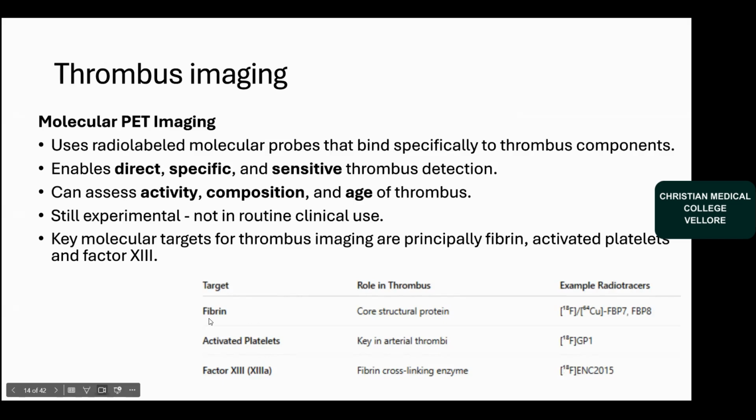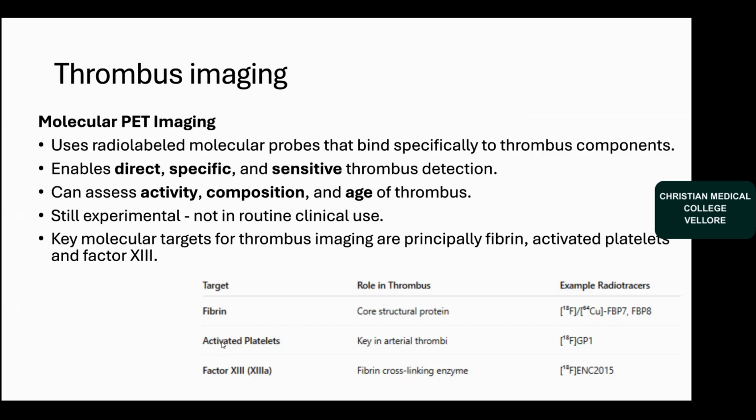We'll see. First, fibrin based: when the target is fibrin, the radiotracers are F18 or copper-64 tagged fibrin binding probes, FBP 7 and 8. These are the most prominent ones.